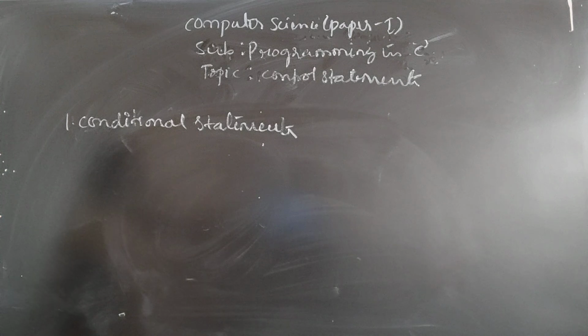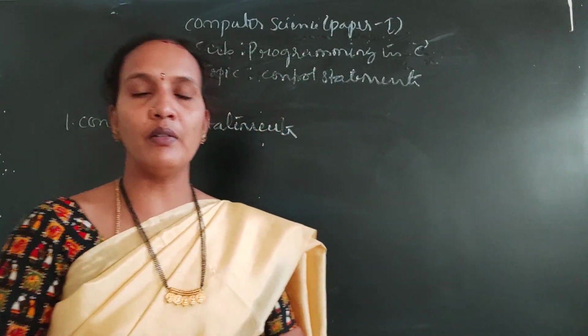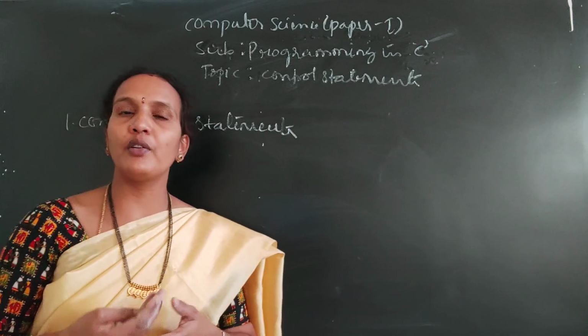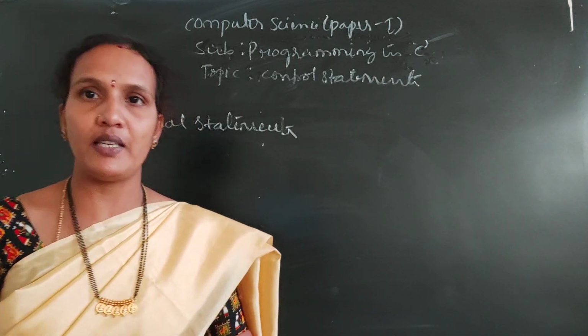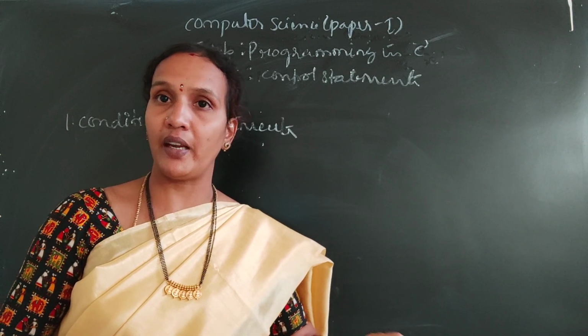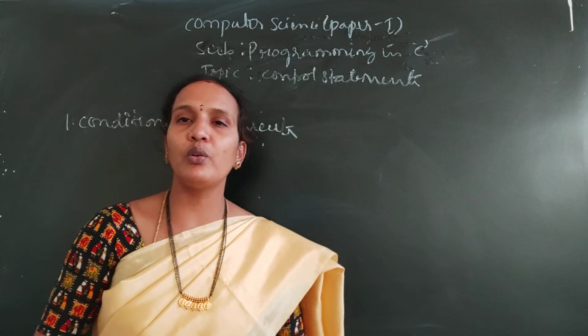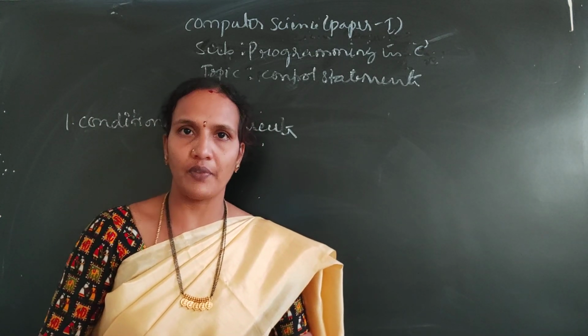Conditional statements. So when you are writing a program, if you want to implement so many conditions, as already explained in the previous program, if A greater than B, like that, if you have 3 variables, 4 variables, then you need to implement more conditions.